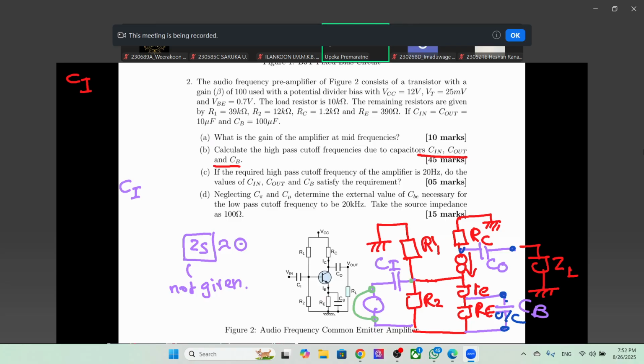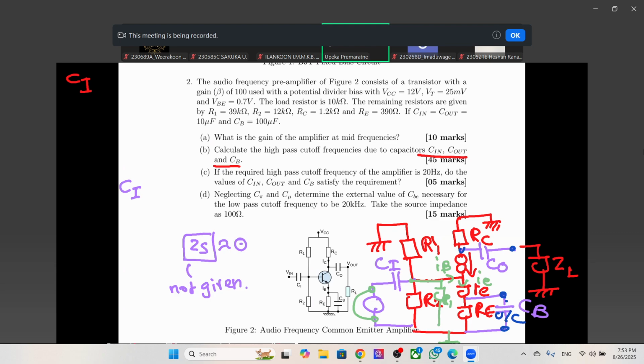R1 is grounded, so R2 and R1 are in parallel. This current is IB, but this current is IE. So there is a break, a discontinuity in the current. We have to now relate IE to IB in some way.